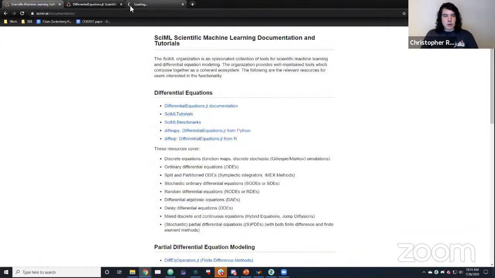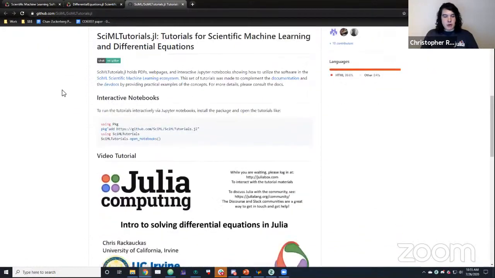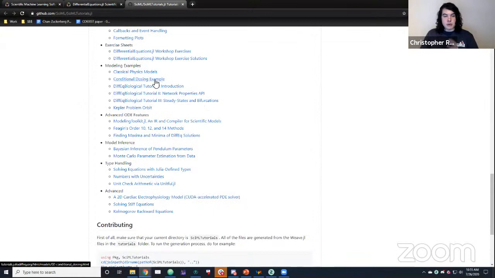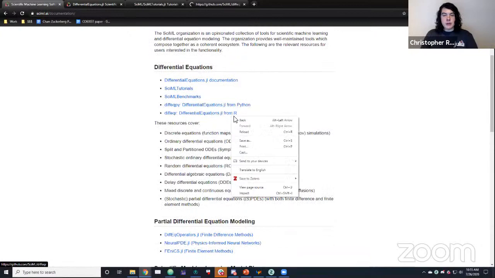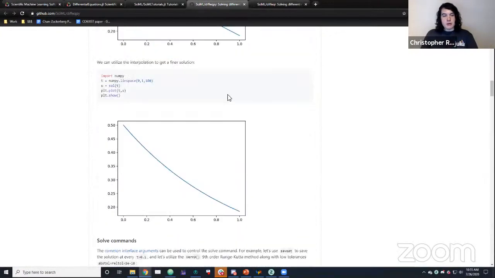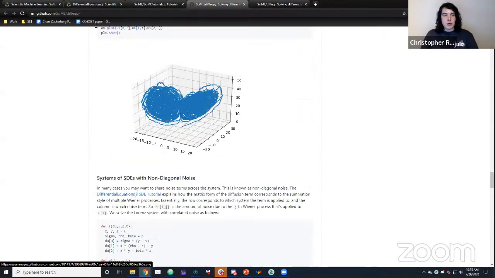We have our SciML tutorials page, which is also found at SciMLTutorials.jl, which describes how to do a bunch of things like differential equation modeling, how to do conditional dosing of these pharmacometric models, and how to utilize numbers with uncertainties. A lot of these different tutorials are found here. You can find all of our benchmarks. And then we can also find how to utilize our differential equation solvers from Python and R. These are fully described and documented, and there's a lot of automation going on for the installation process for those.